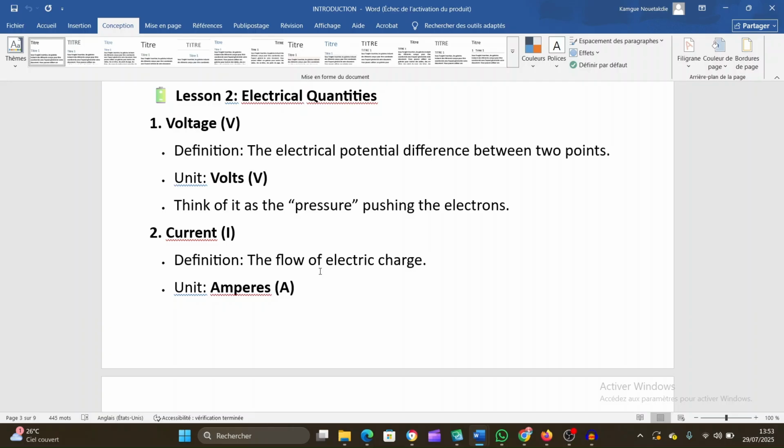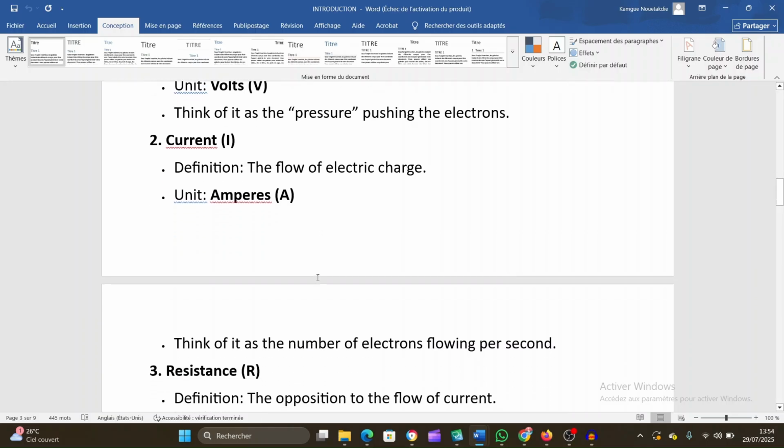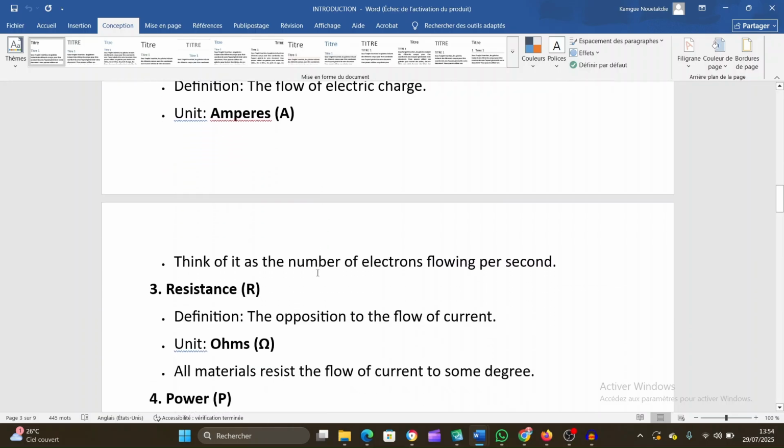The third electrical quantity we'll be referring to is resistance. Resistance is the opposition to the flow of current. You sometimes say, I'm going to resist this, simply meaning you will oppose what the person is about to say or do.